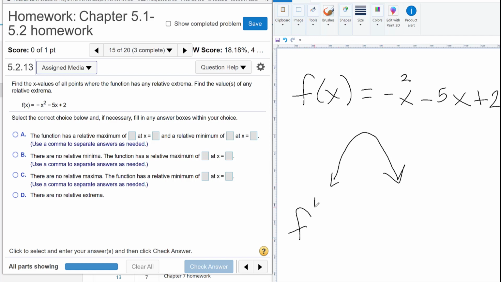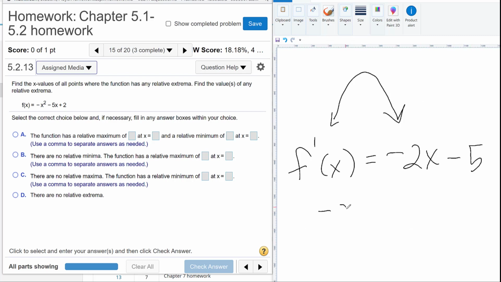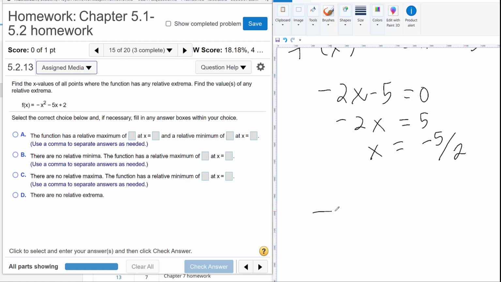Let's do our derivative. F prime of x is negative 2x subtract 5. We set that equal to 0. Minus 2x is going to be equal to 5. And x is equal to negative 5 halves, or negative 2.5.